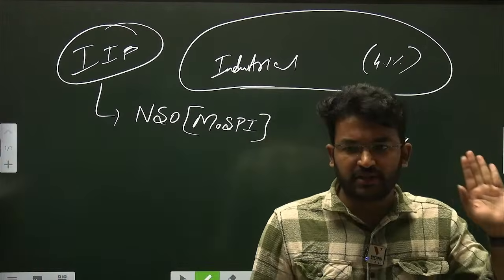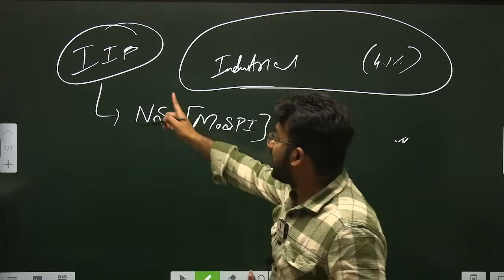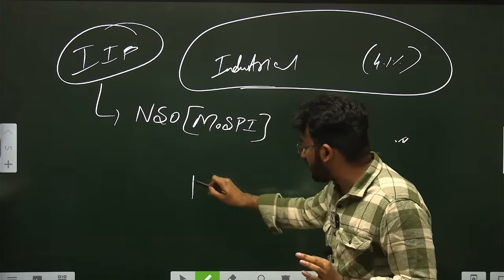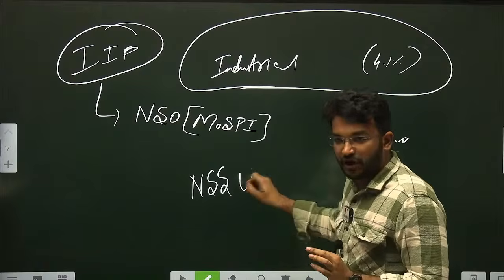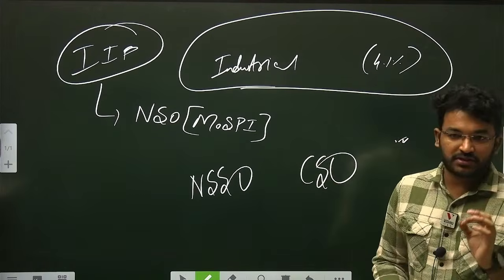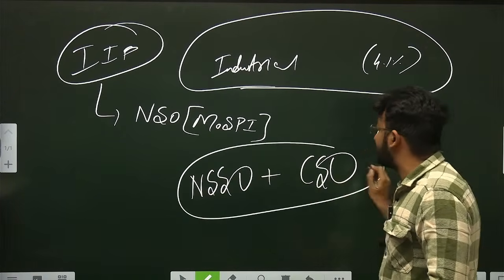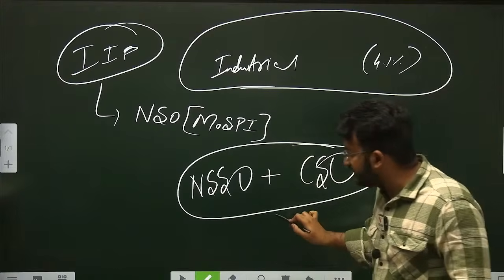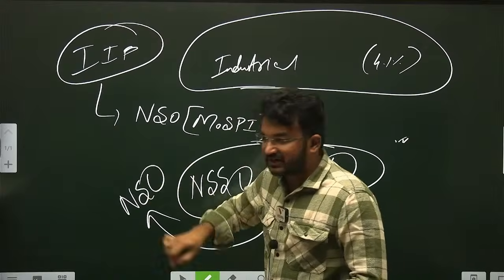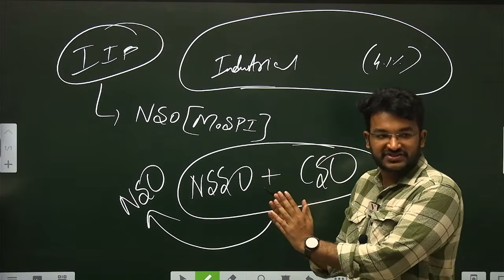In some books you might see that IIP or CPI is released by the National Sample Survey Office or the Central Statistics Organization. What actually happened is that these two were combined in 2022 and together formed an office called the National Statistics Office. Understood? Both of them have been combined to form this NSO.